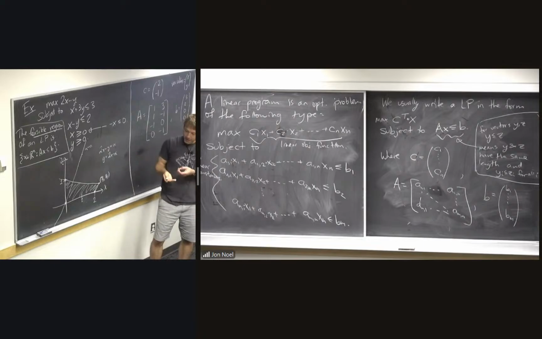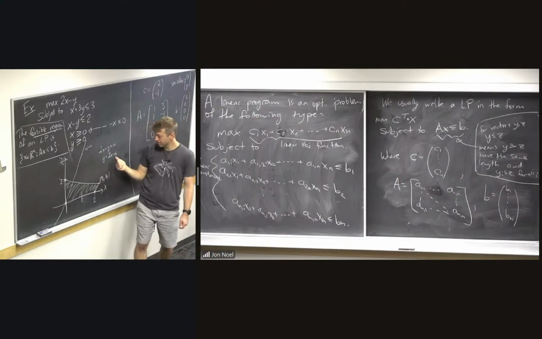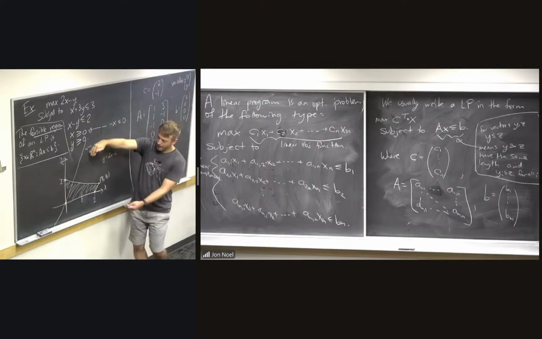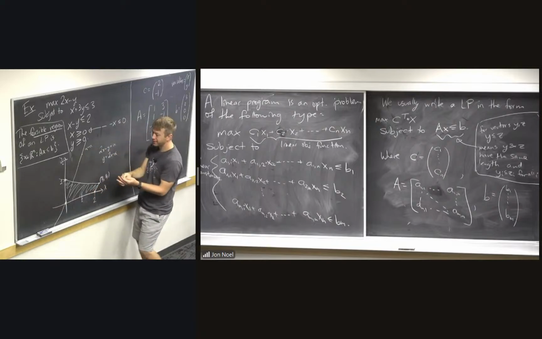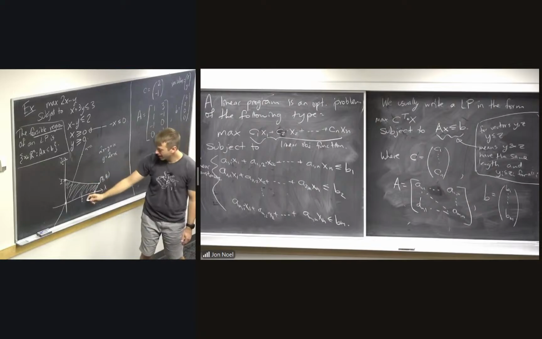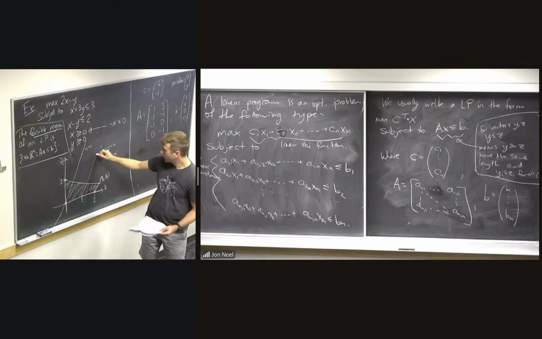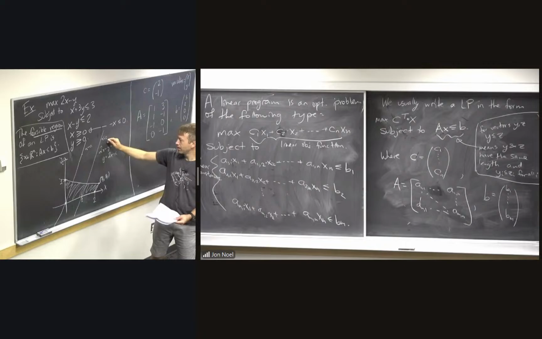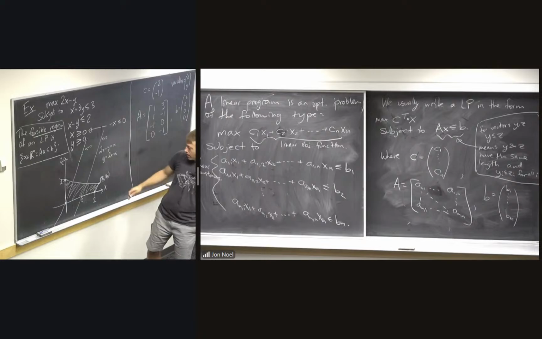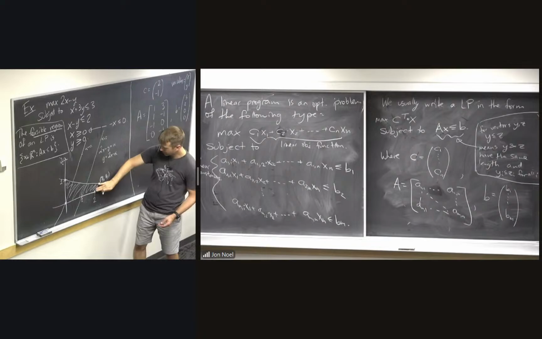As I increase alpha, the y-intercept goes lower, because it's minus alpha here, and you can think of that as shifting this line to the right. So this is alpha equals 0, and this is alpha equals 2. It has the same slope for every alpha.